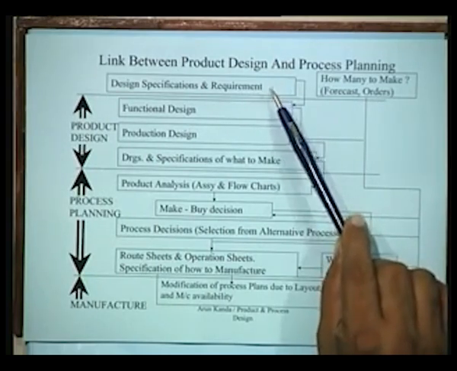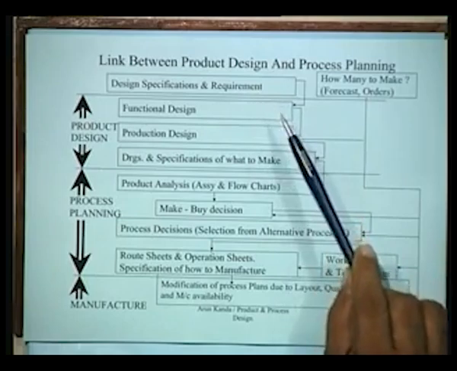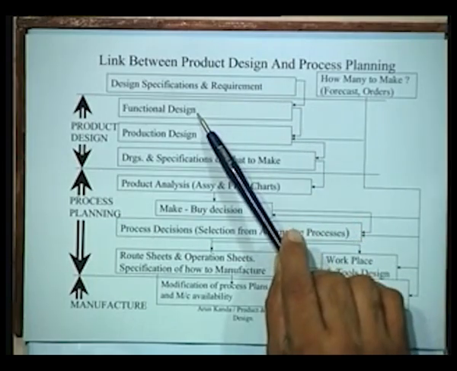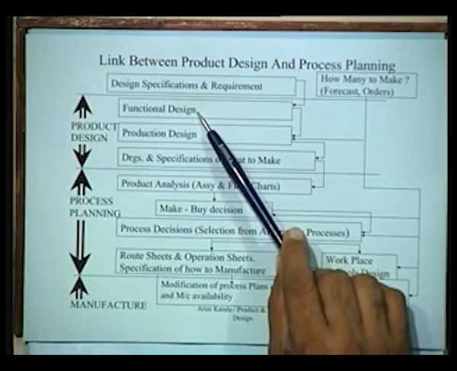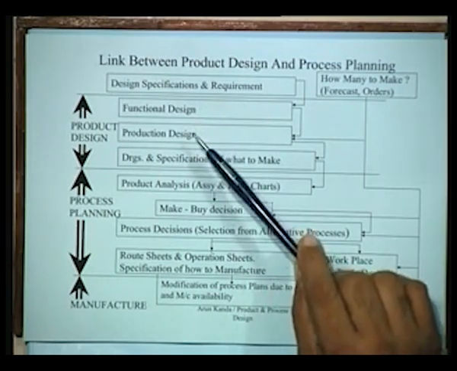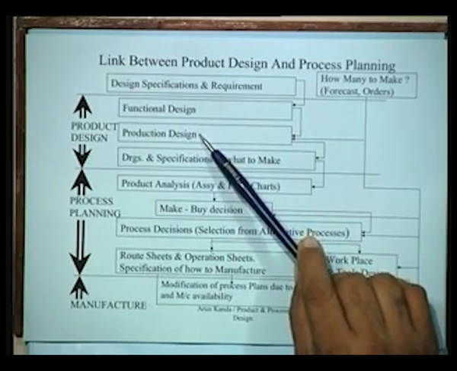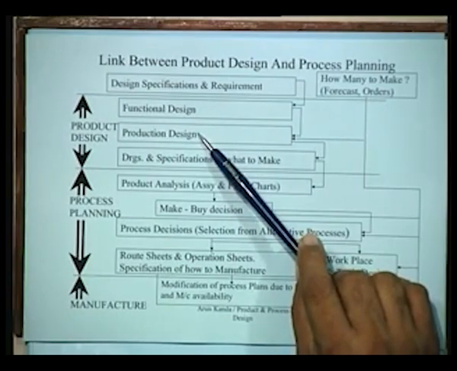From these design specifications and requirements, ultimately we develop what is called a functional design. A functional design of the product is one which focuses primarily on the function that the product performs, and then we talk about the production design, where aspects of ease of production are taken care of.